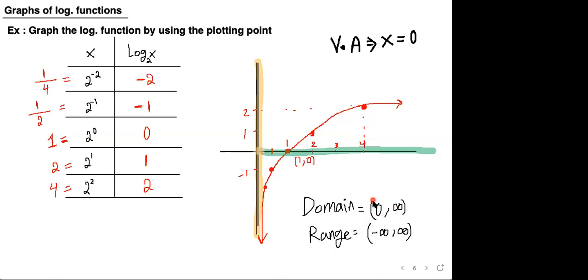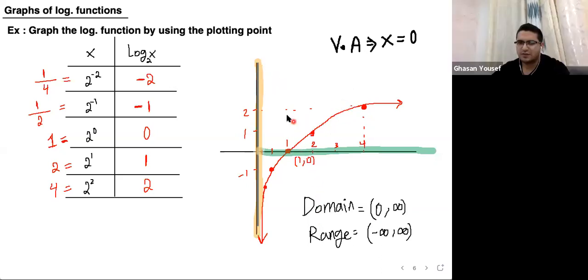And how do we know where the vertical asymptote is? You ask yourself what vertical line this curve will be close to but will not touch.